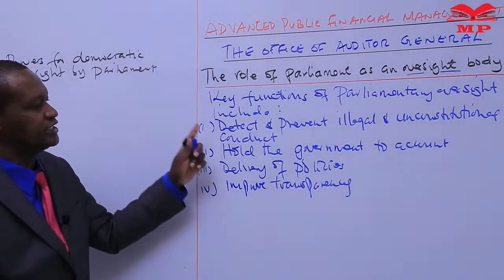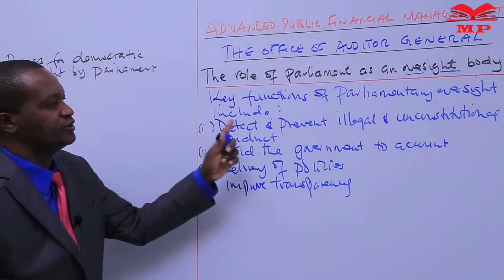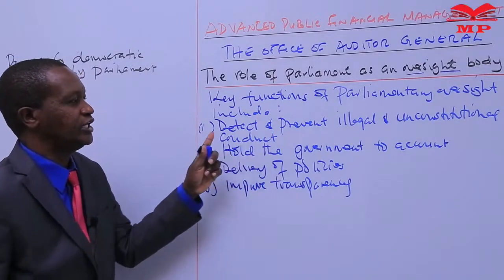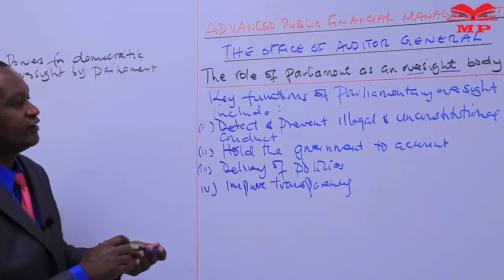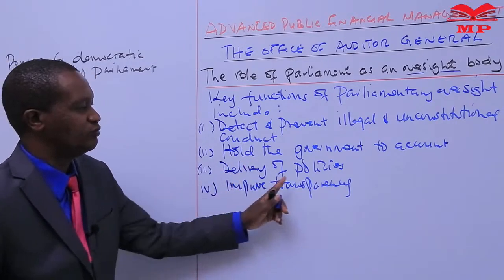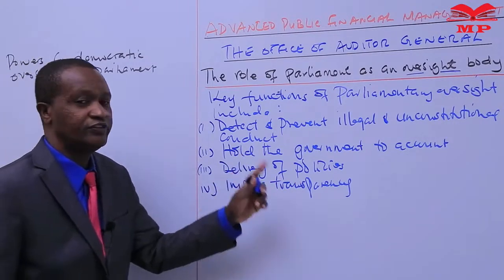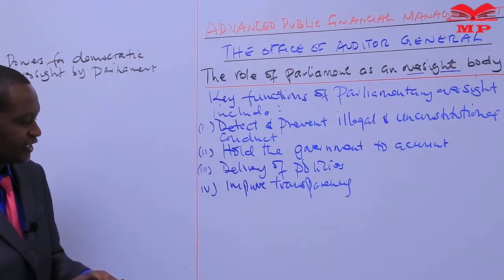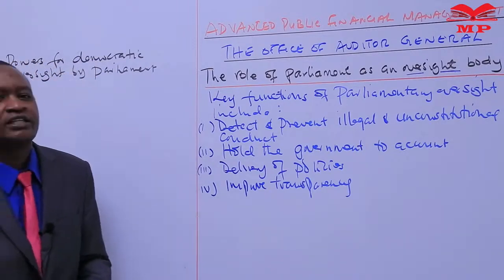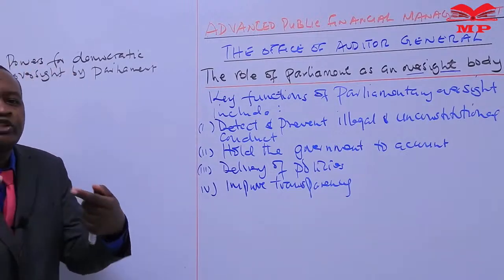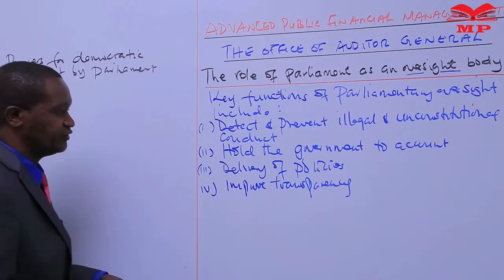We have said detecting and preventing illegal and unconstitutional conduct by government and government agencies, holding the government to account, delivery of policies, improving efficiency, and so on. Now, candidates, the first power that parliament has is the right to question the executive.